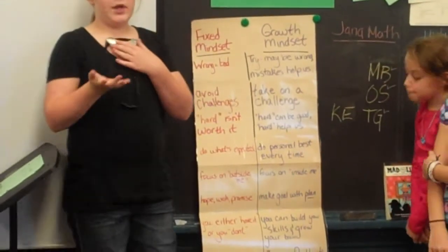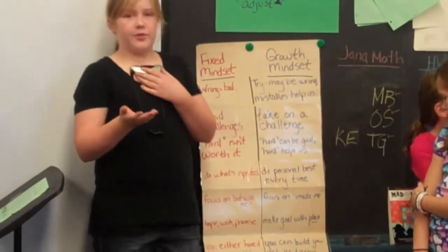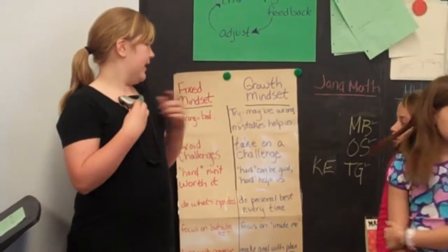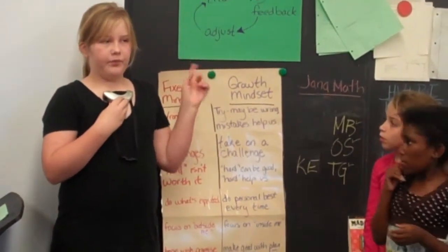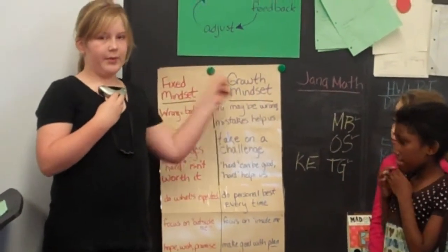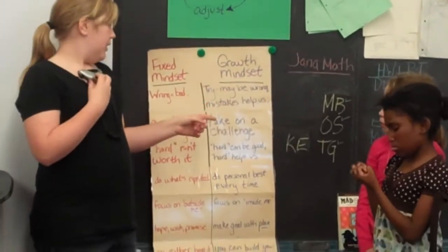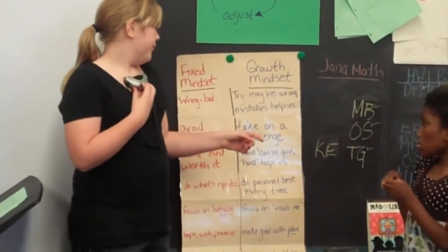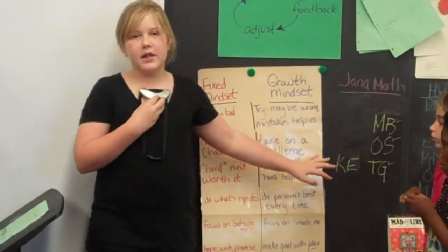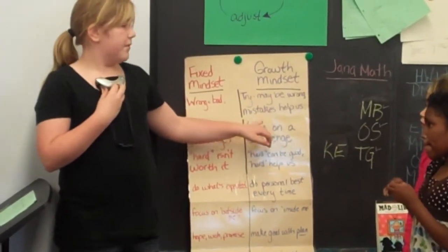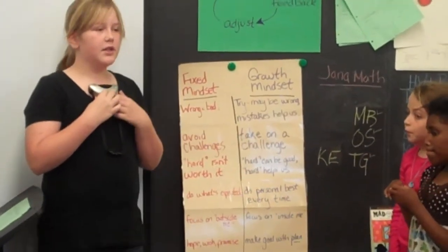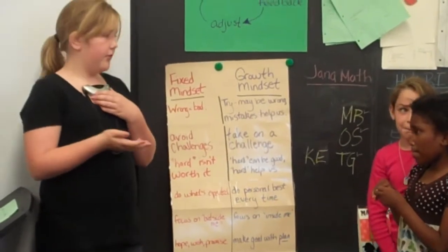So if you try something and it doesn't work out, that's okay. Then you try it again. So it's like a feedback loop. And mistakes help us. If you make a mistake, like Zion, she had trouble, and Fiona did too.